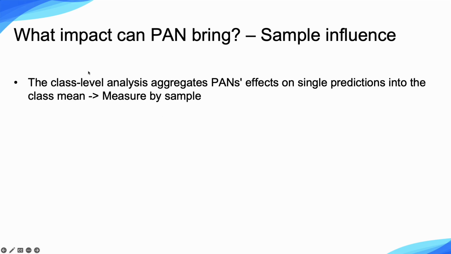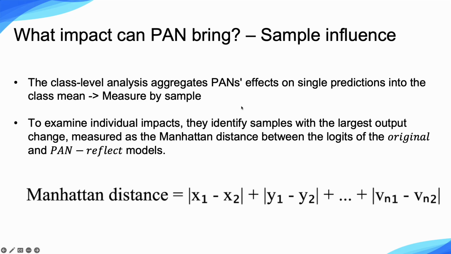Because the class-level analysis aggregates PAN's effect on single predictions into a class mean, they also measure by sample. To examine individual impacts, they identify samples with the largest output change, measured as the Manhattan distance between the outputs of the original and PAN reflect models.